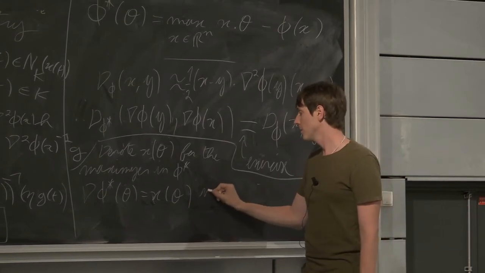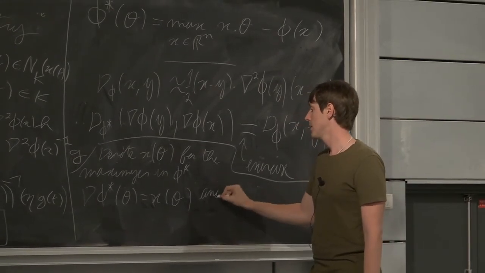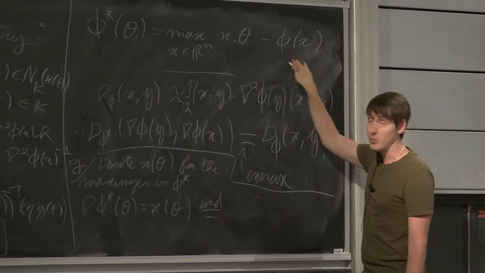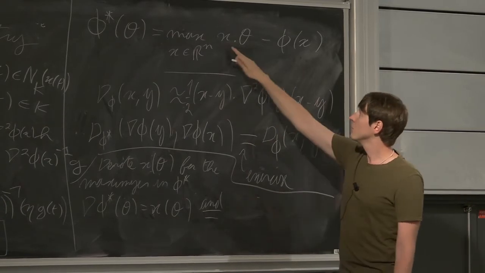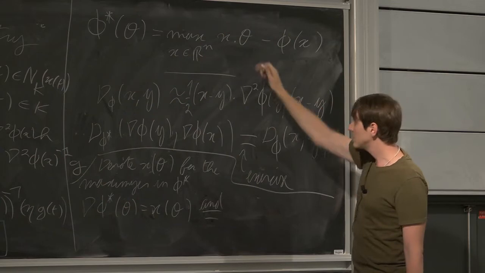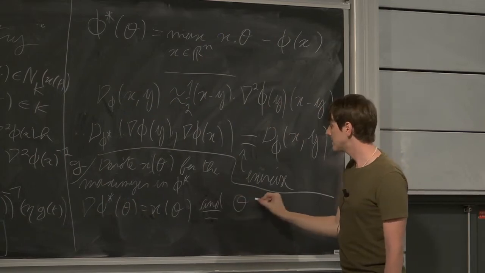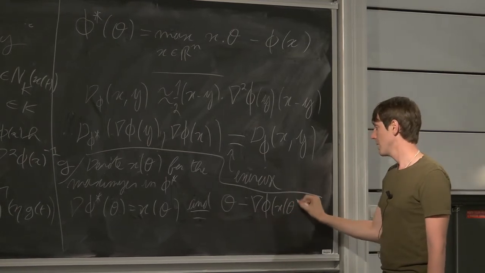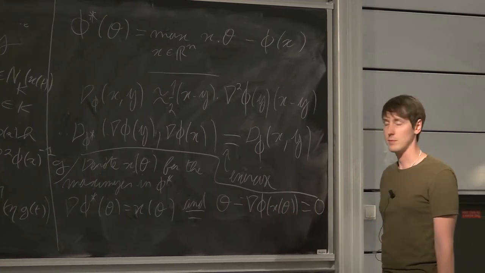But we also know, by local optimality at the optimum, that the derivative of this thing with respect to x should be 0. What is the derivative with respect to x? It's theta minus grad phi of x of theta. This should be 0.